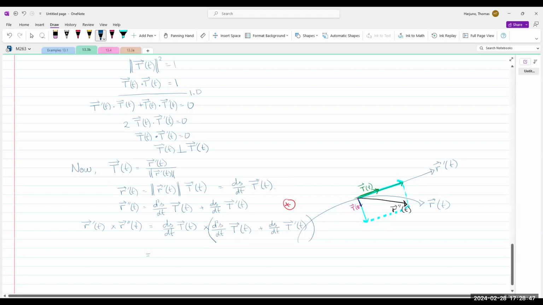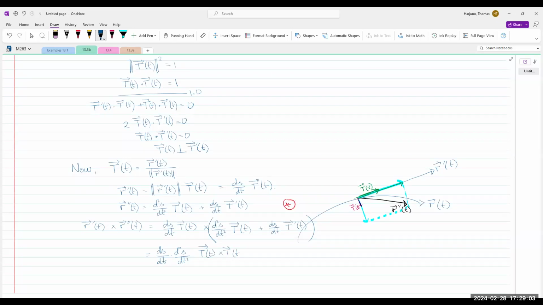Which is equal to d²s/dt², the second derivative of t, cross T. That's for the first term, right?